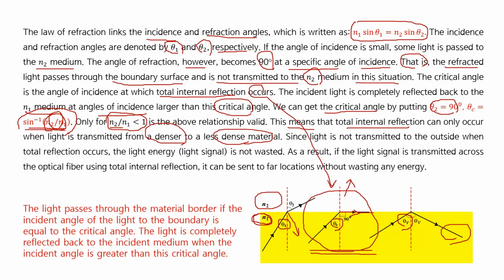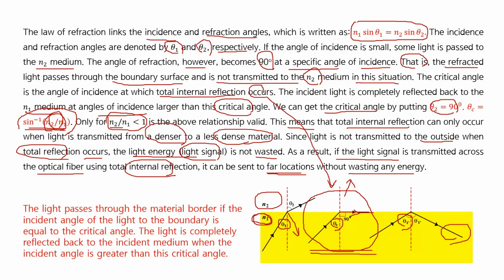Since light is not transmitted to the outside when total internal reflection occurs, the light energy, the light signal, is not wasted. As a result, if the light signal is transmitted across the optical fiber using total internal reflection, it can be sent to far locations without wasting any energy.